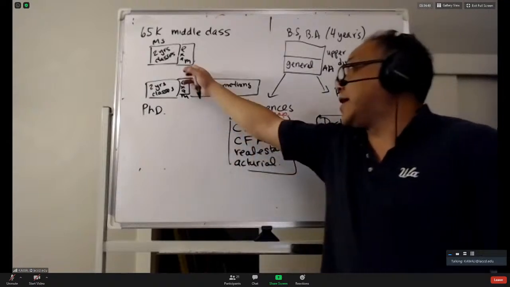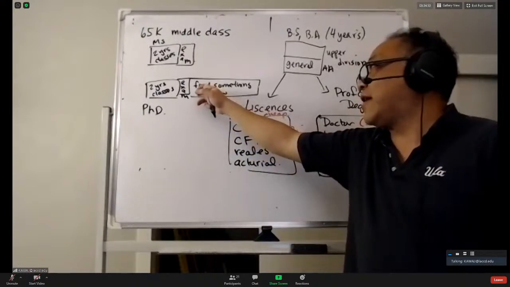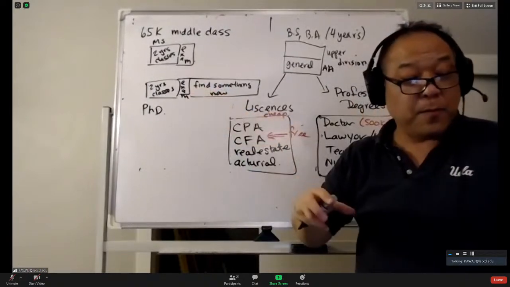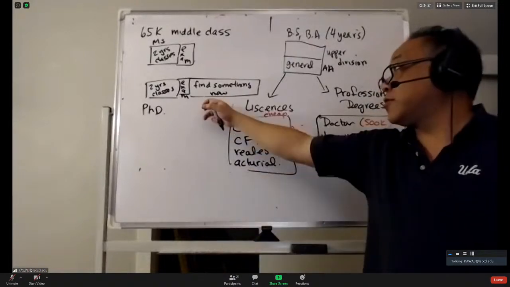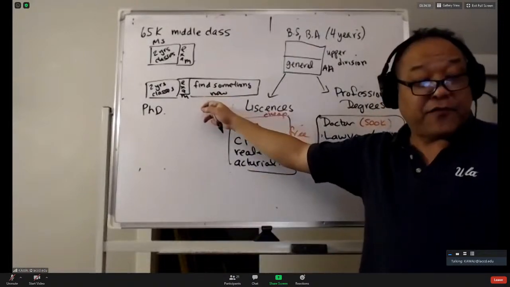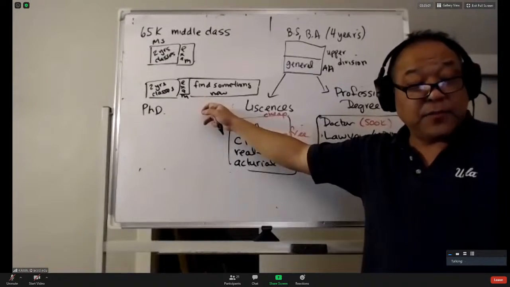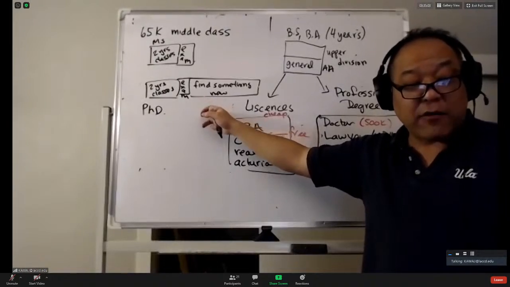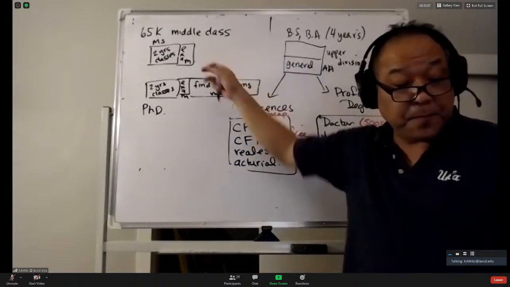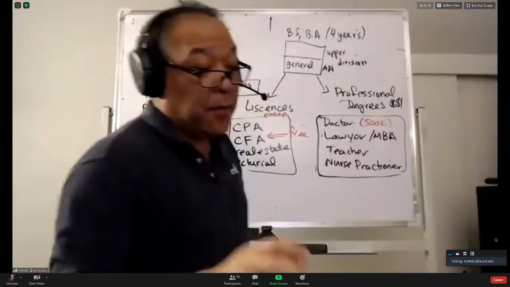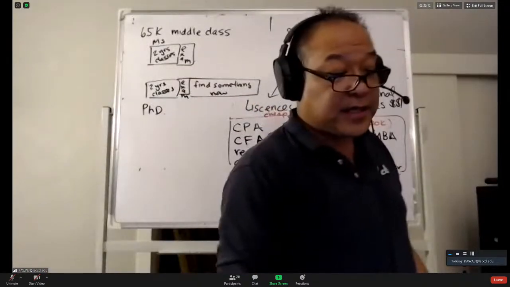That's what a master's buys you. But because you haven't found something new, you usually can't be in charge of money in terms of grants. So this person over here can apply for grants and be in charge of money. They can be in charge of hiring and firing people and making large decisions, or this person's going to be a worker bee.